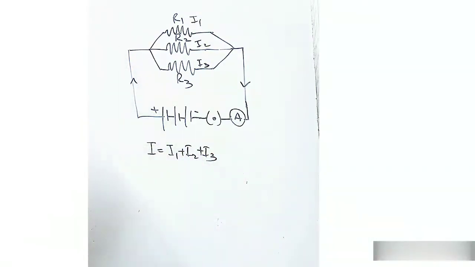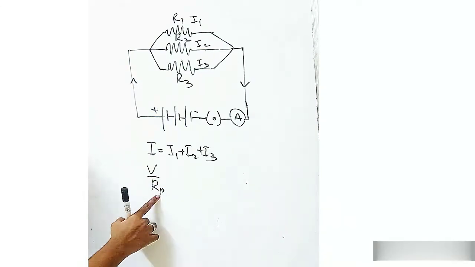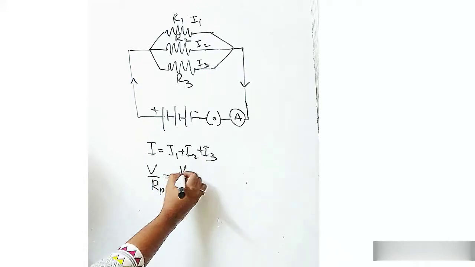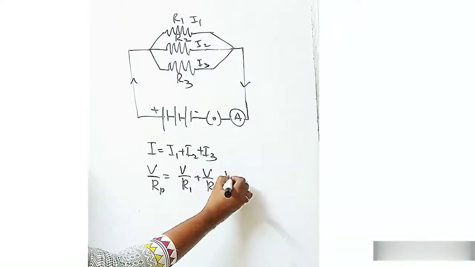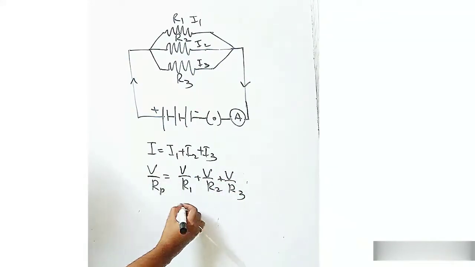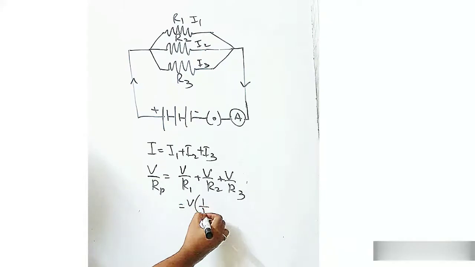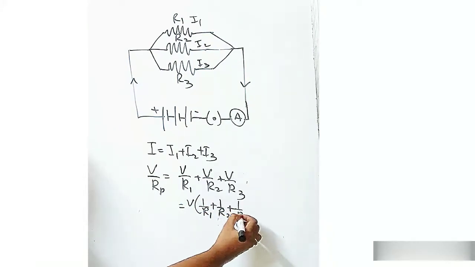Now what is the formula according to Ohm's law? V is equal to IR and I is equal to V upon R. So I'll write V upon Rp, I am denoting it as total resistance in parallel connection. V upon R1 plus V upon R2 plus V upon R3. Now I'll take V common, student, so it will be 1 upon R1 plus 1 upon R2 plus 1 upon R3.